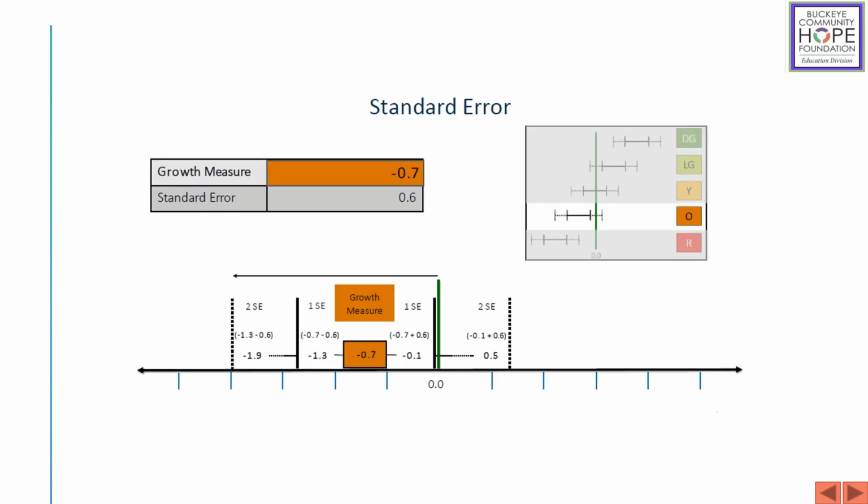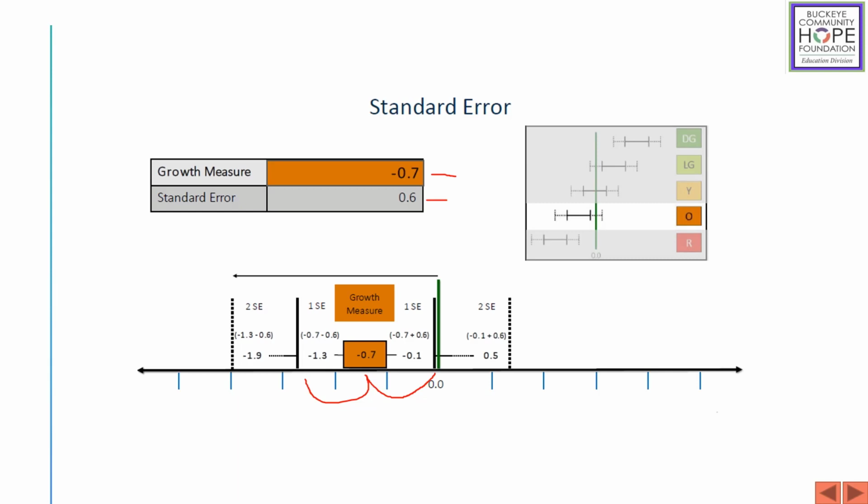With this model, the growth measure came out to be negative 0.7. The students lost ground. How confident are we in that? The standard error is 0.6. So in this case, we go 0.6 below the measured growth and 0.6 above.